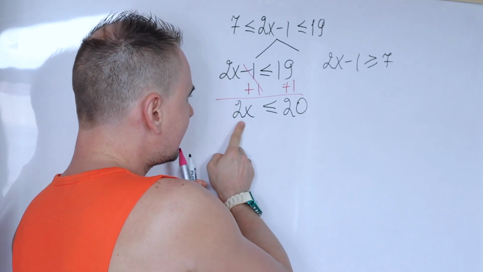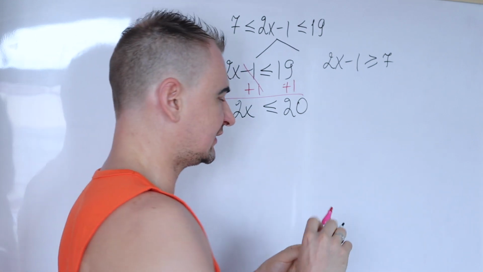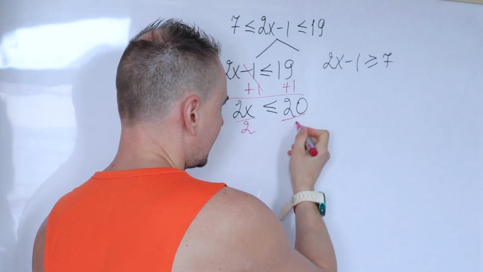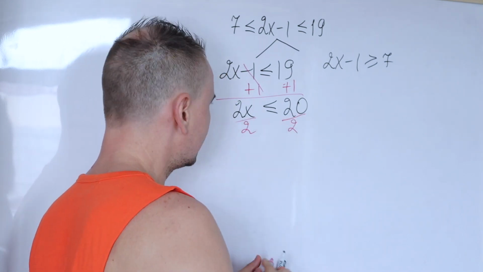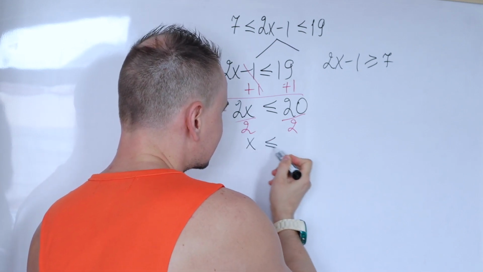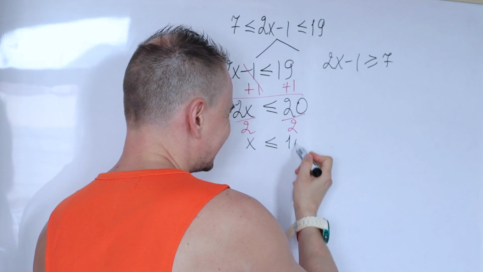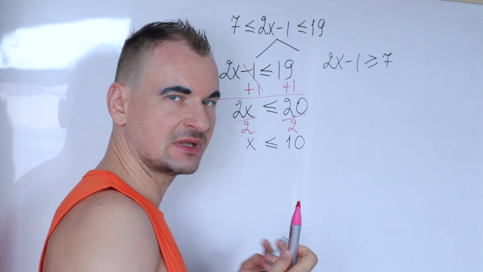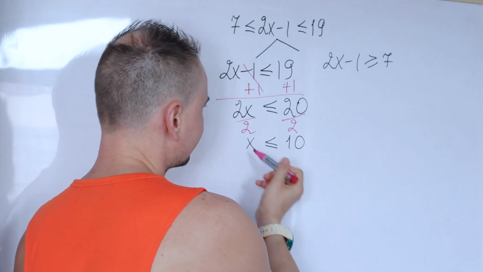So anything that is attached to your x, divide it out. So you divide by 2, and you do it to both sides of your inequality, and you will be left with x less than or equal to 10, since 20 divided by 2 leaves you 10.